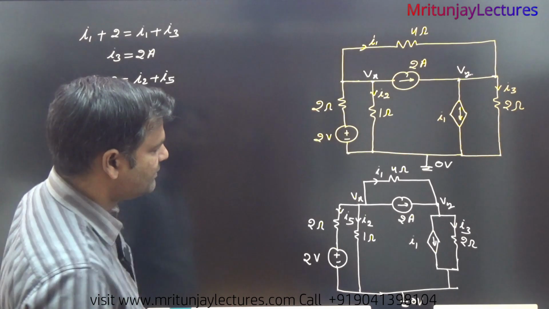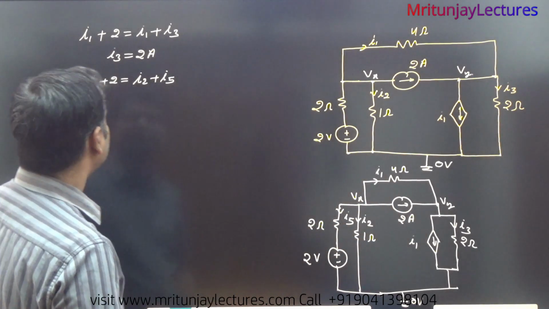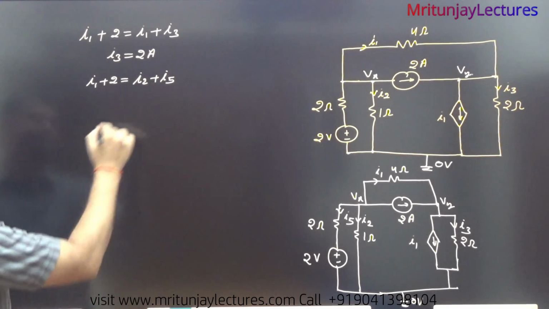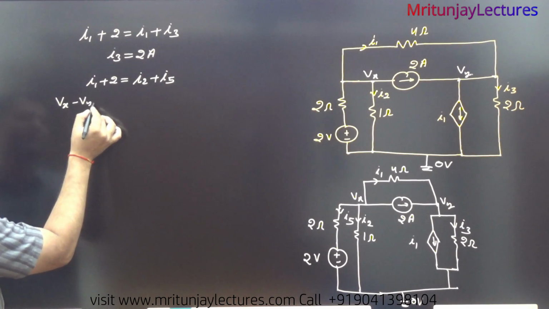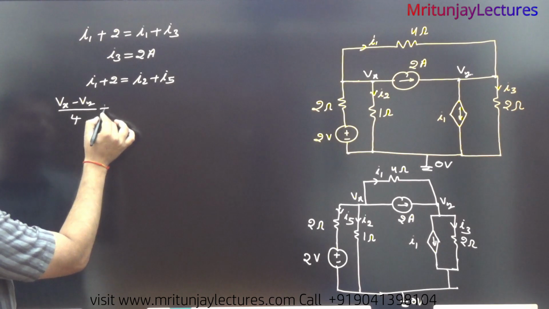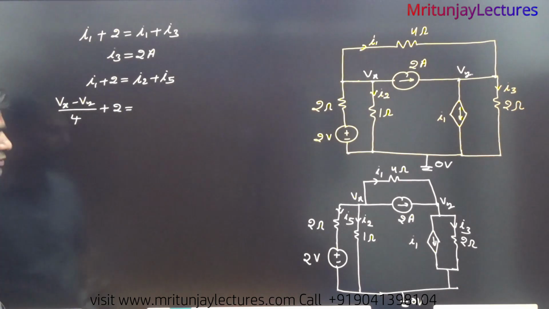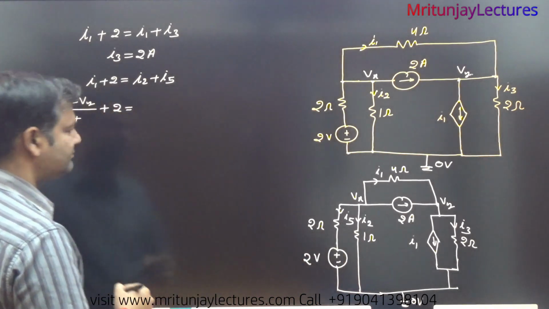I1 is (Vx minus Vy) divided by 4. I2 is (Vx minus 0) divided by 1.